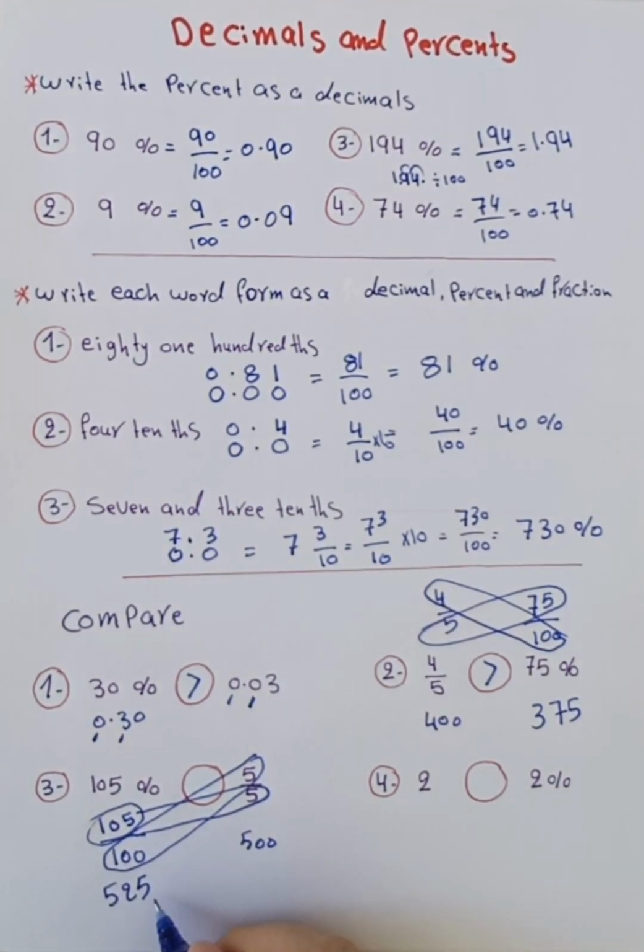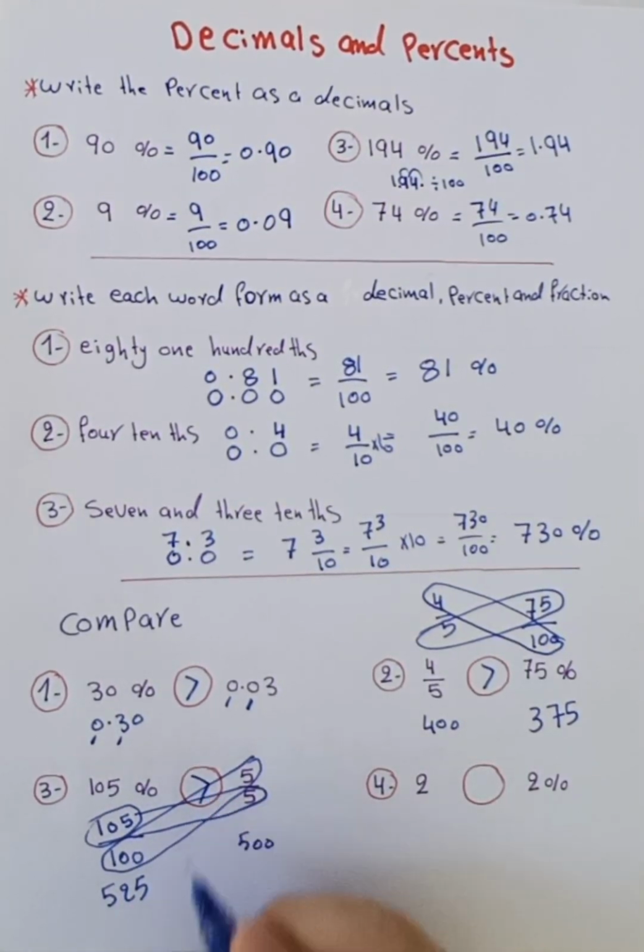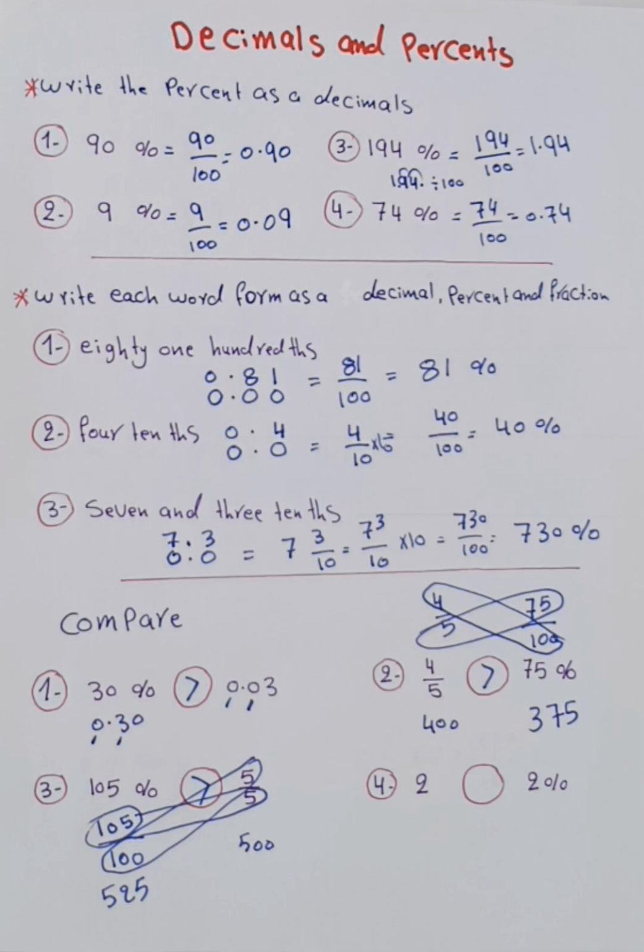So 525 is greater than 500. It means 105% is greater than 5 out of 5.